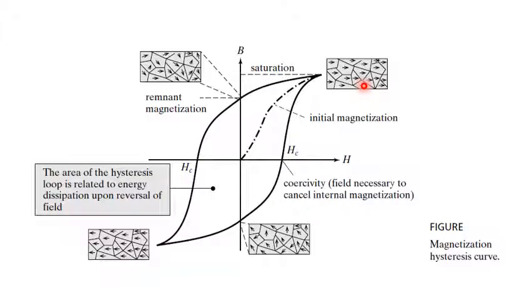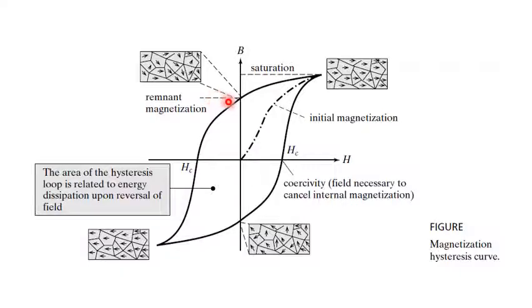Now, on removal of the external field, that is when H becomes equal to 0, the ferromagnetic material will lose a portion of its magnetization. The fraction of the saturation magnetization which is retained even after H is removed is known as the remanence of the material or remanent magnetization.